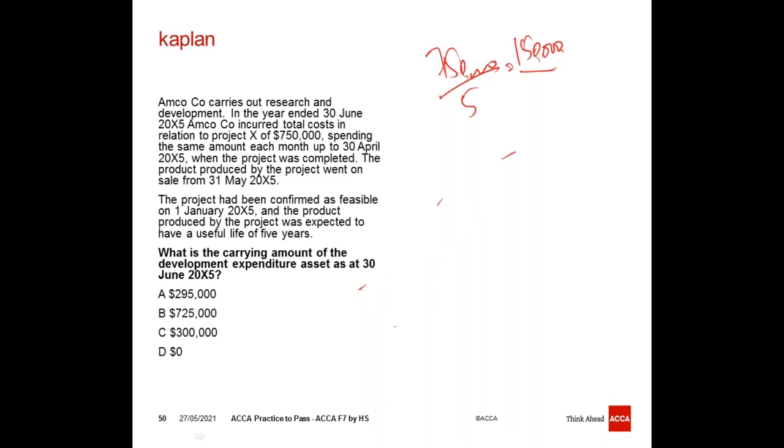In the year ended 30th June 2005, AMCO incurred a total cost in relation to product X of 7,50,000, spending the same amount each month up till April. Okay, so from 1st July to April, that means 7,50,000 divided by 10 months.